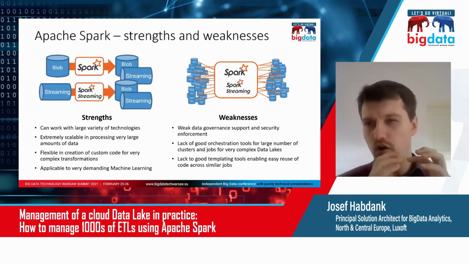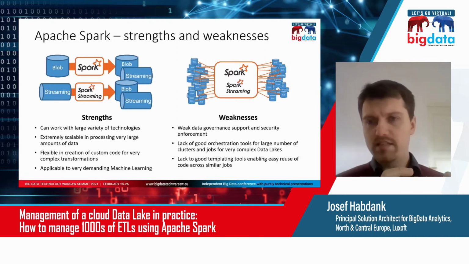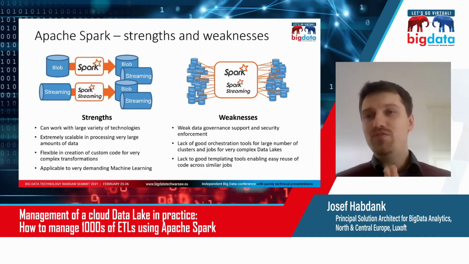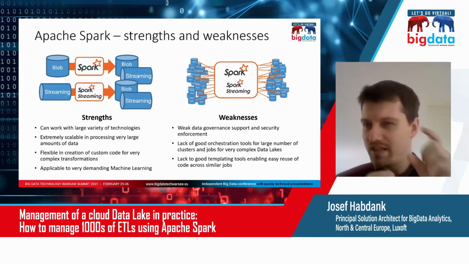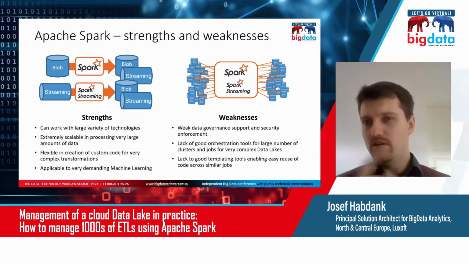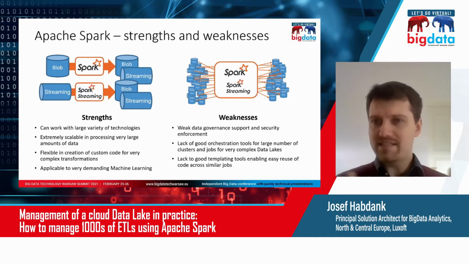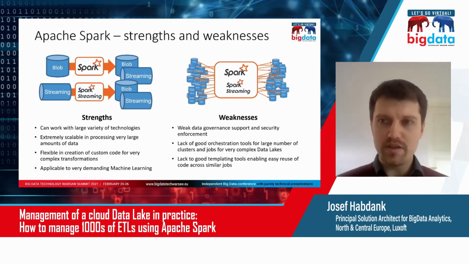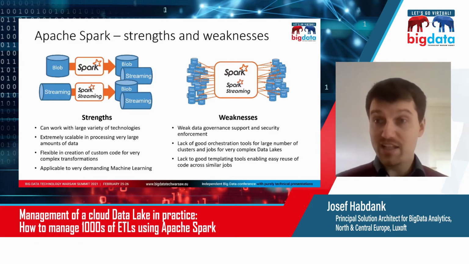It's very good when you make a very complicated ETL that pushes through many gigabytes or terabytes or even petabytes of data. It's going to work very, very well. But if you suddenly have, let's say, hundreds or thousands of ETLs which are similar and have only small differences, let's say this table makes this select statement, that table makes that select statement, but the overall landscape across all those transformations is the same, you will have a very hard time managing that using native Spark without applying additional layers on top.